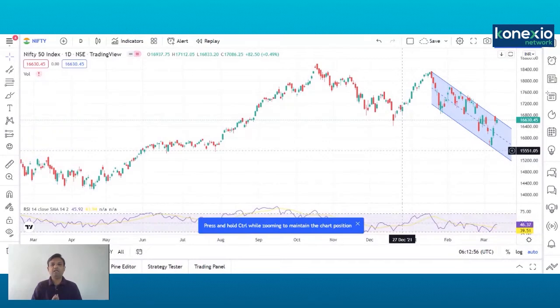Yes, global geopolitics is dominating the trend, but looking at this setup, we strongly believe that a temporary bottom has been made around the 15,500 mark, and Nifty is well poised for an upside rally towards the level of 18,000 to 18,300, and from there we will try to figure out what could be the further trend. But as of now, the strategy should be buy on dips.